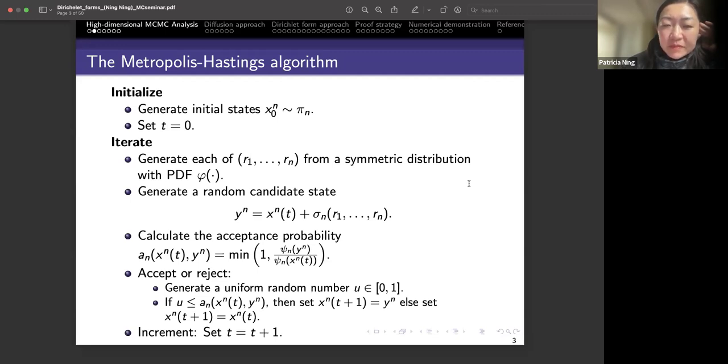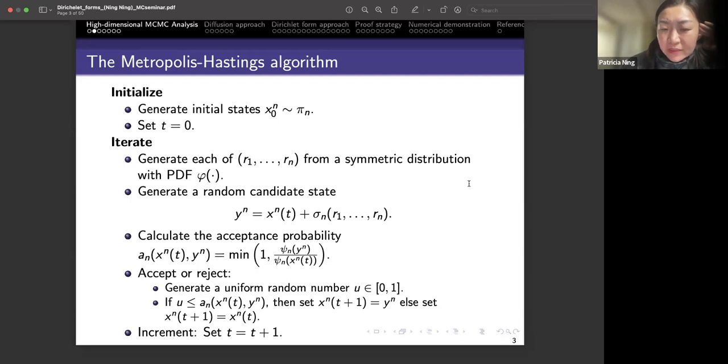That's the first step. Next, we iterate by generating each of R_1 to R_n from a symmetric distribution with PDF phi. Next, we generate a random candidate state, Y_n equals x_n^t plus sigma_n times R_1 to R_n.